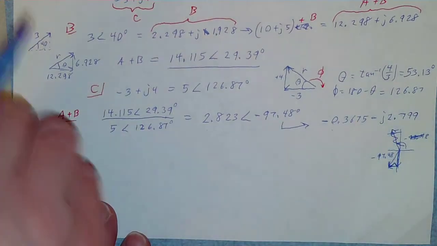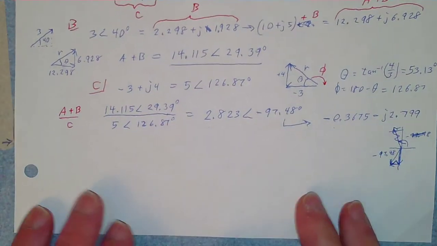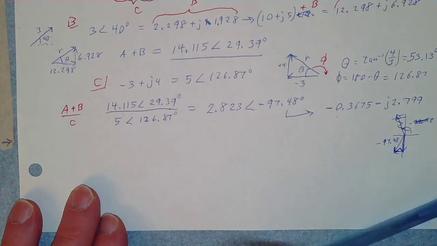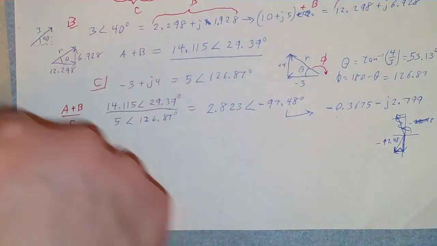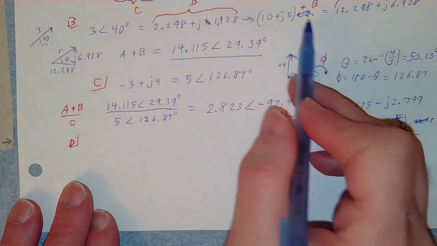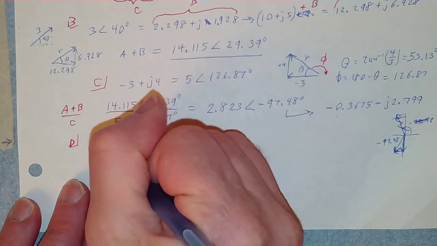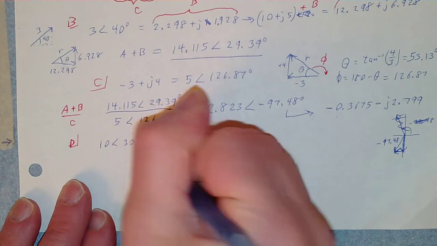All right, so we switch that back to regular notation. We have D. Oh yeah, D's got to be converted. D is 10 angle 30 degrees.